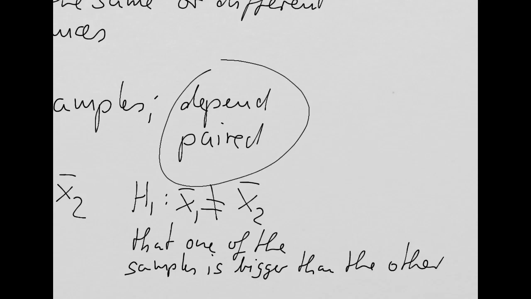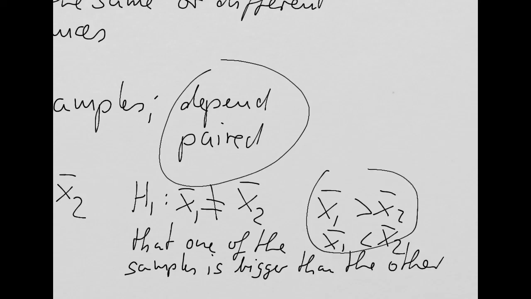It could be that x1 bar is bigger than x2 bar, or it could be that x1 bar is smaller than x2 bar. So we have two options, and because of that, this is called a two-tailed test.